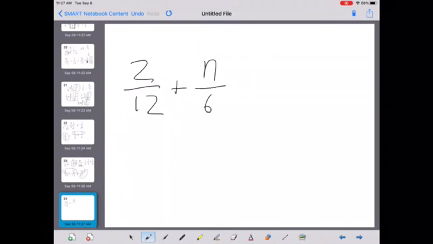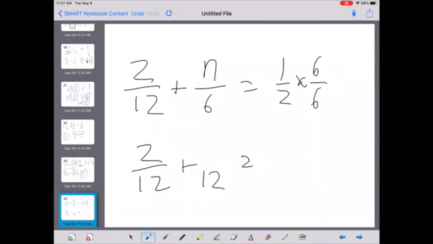Light blues, remember, are 6, so I don't know how many 6 equals 1/2. So once again, this is 2 12s plus, I got to switch this to 12s, equals, multiply by 6s here, equals 6 12s. How do I subtract this?